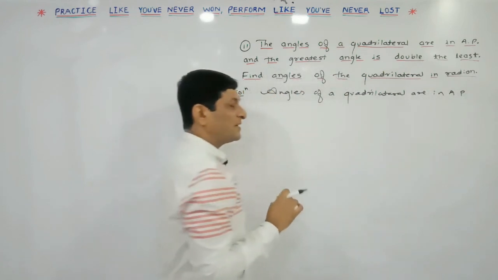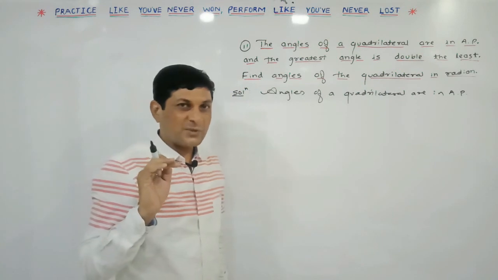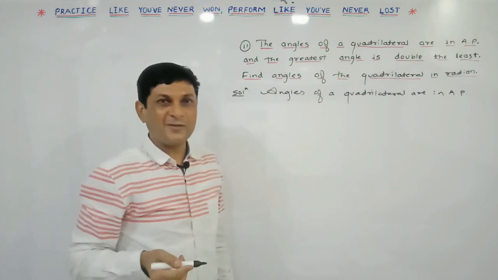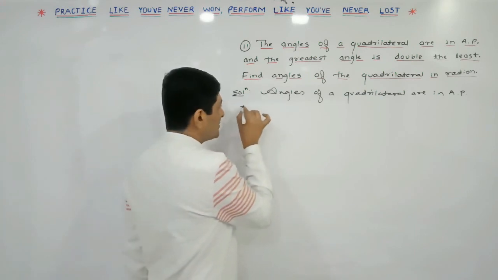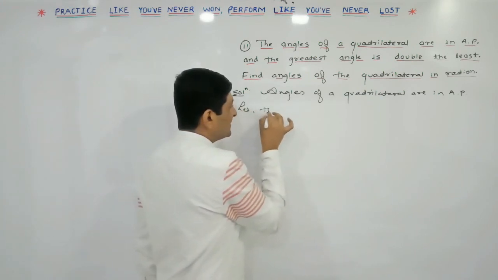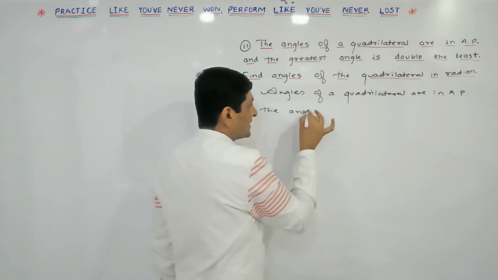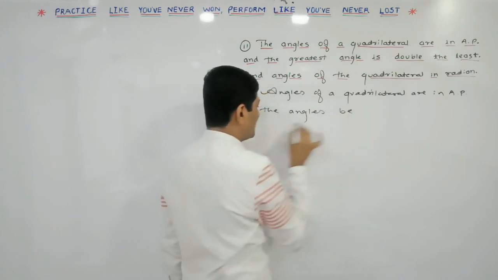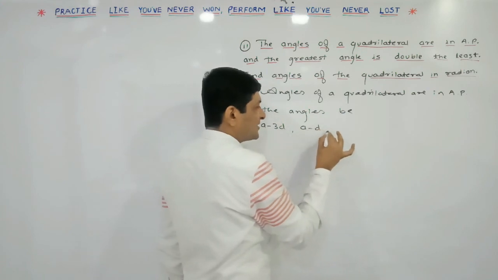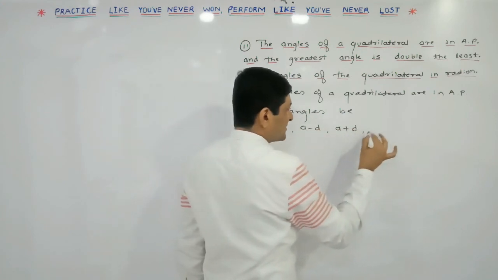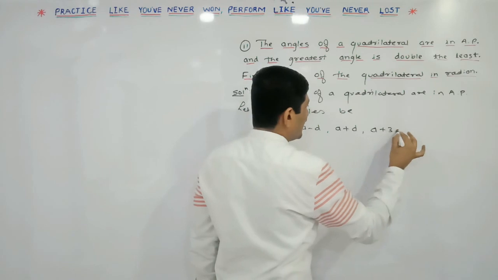Since in a quadrilateral 4 angles are there, we know how to denote the 4 terms in arithmetic progression. So let the angles be: first angle is A minus 3D, second angle is A minus D, third angle is A plus D, and last angle is A plus 3D.